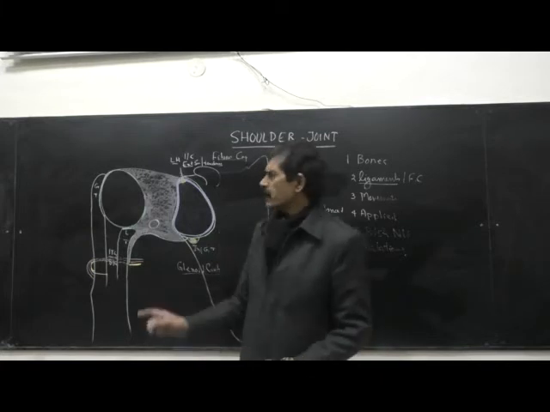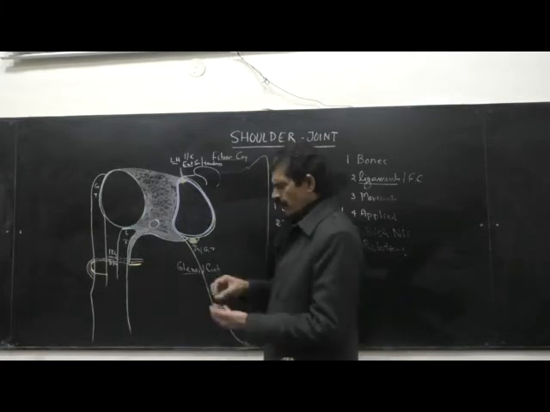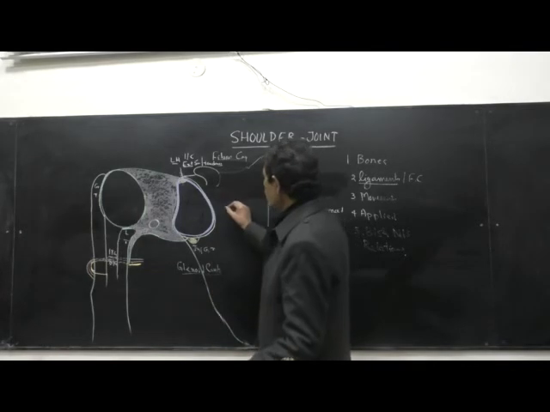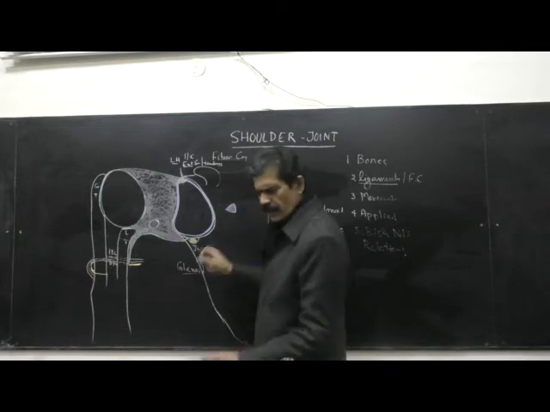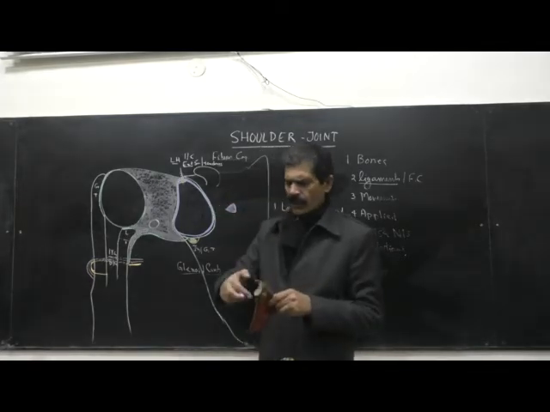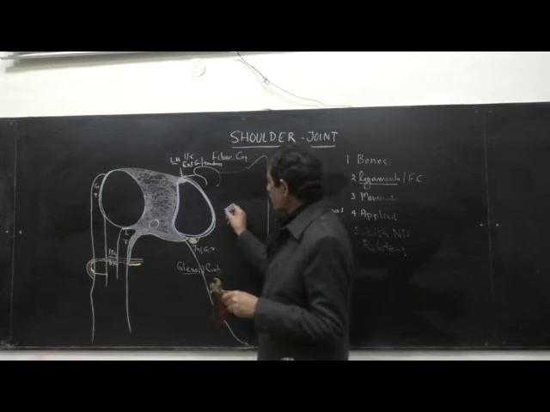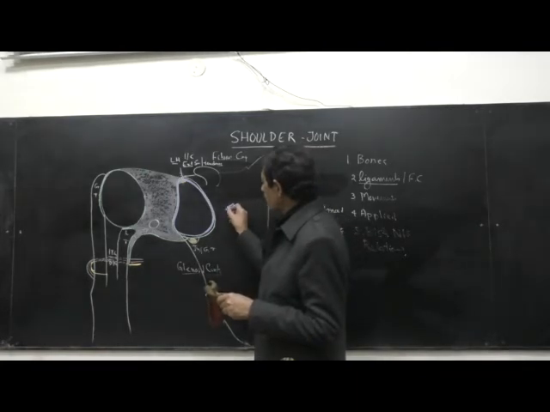And if we cut this labrum glenoide, then we see that it is triangular in shape. Made up of fibrocartilage, its peripheral part is attached to the bony rim of the glenoid cavity. It is around the bony rim. And its central part is thin.